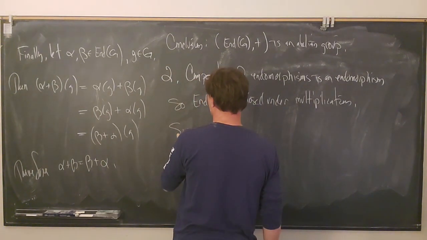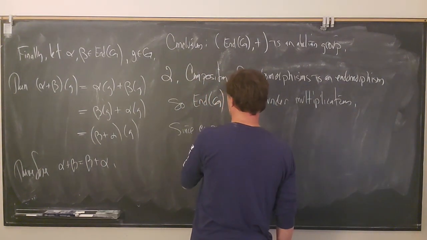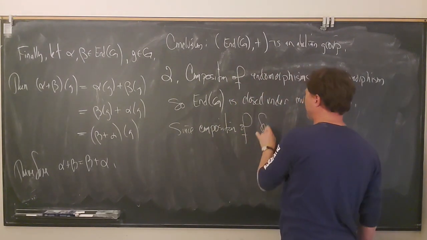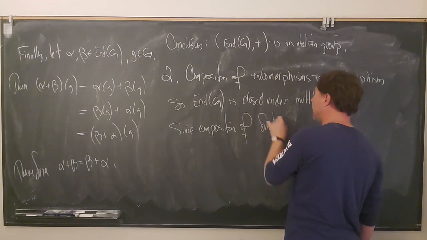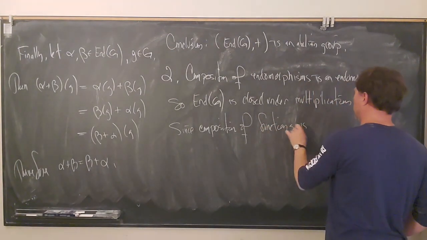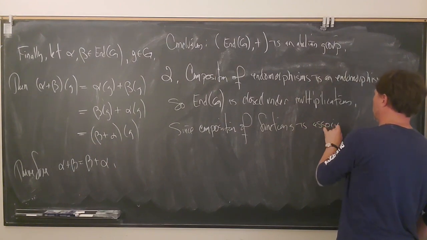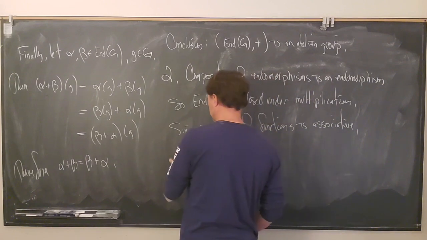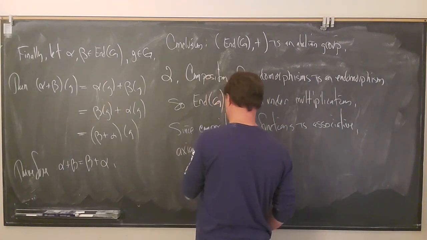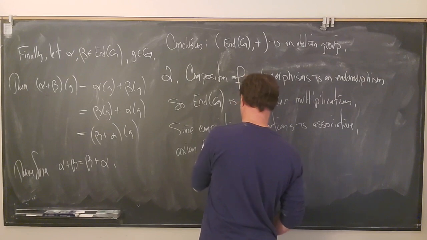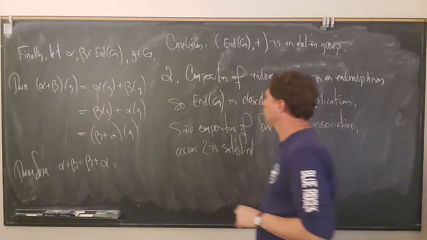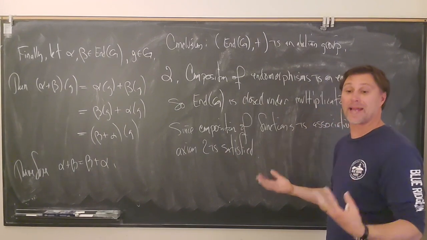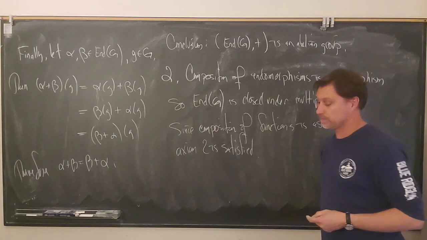Since composition of functions, they don't even have to be homomorphisms, is associative, axiom 2 is satisfied. Composition is an associative binary operation on End G.